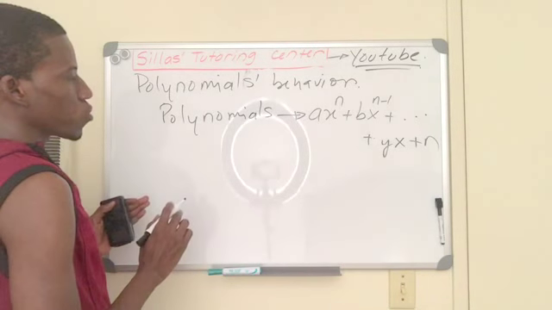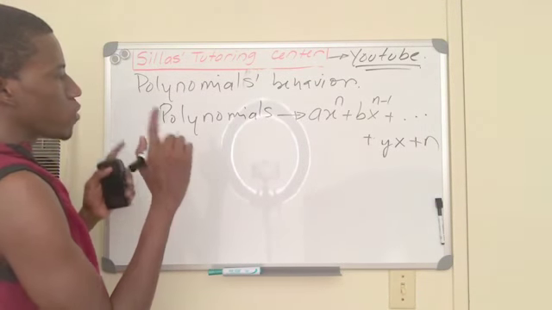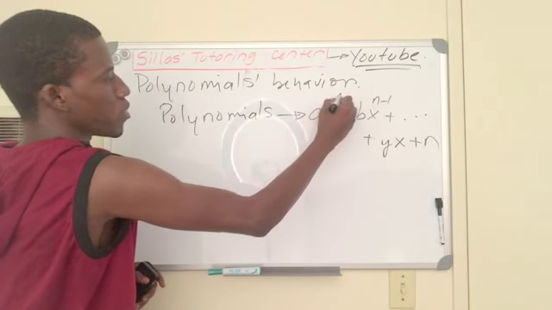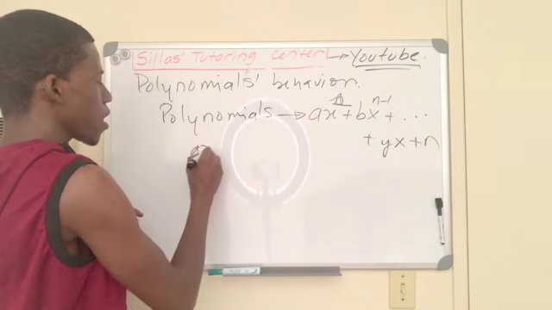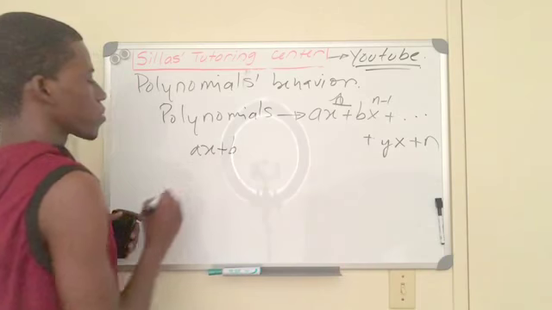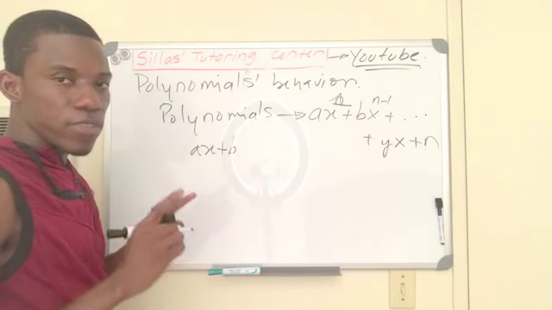But today we're going to figure out the behavior of the polynomial of degree 1, which is ax plus b.